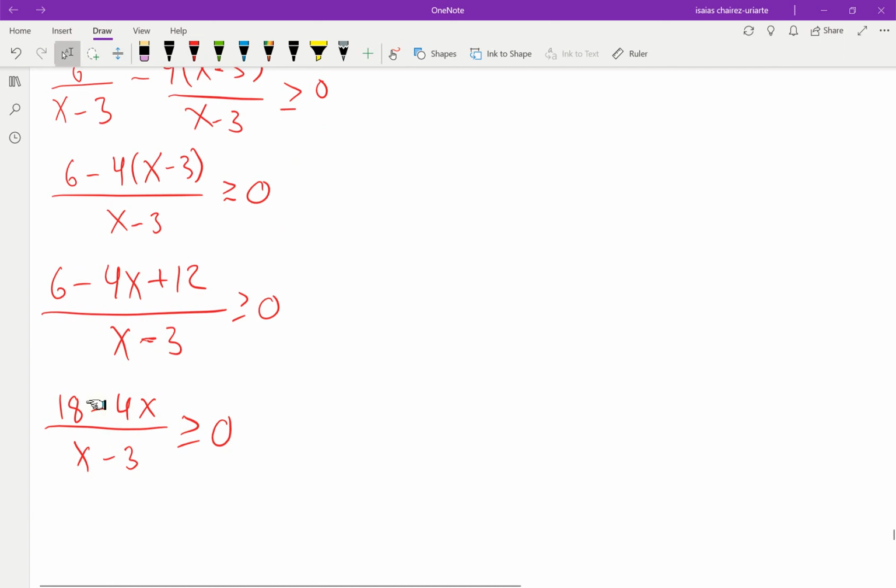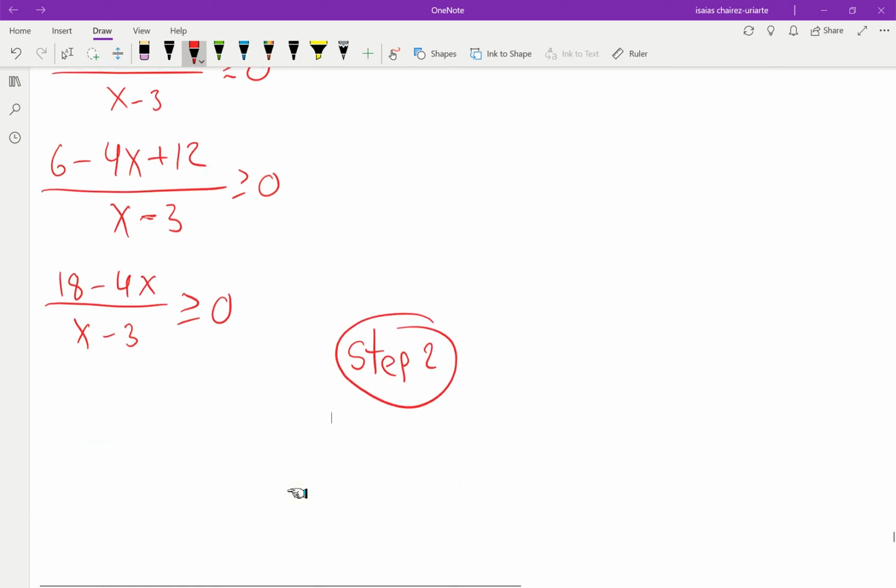Okay, now let me get on to step 2. In step 2, what I'm going to do is set the numerator of this fraction equal to 0, the denominator equal to 0, and find solutions to those equations. So I have 18 minus 4x equals 0, and x minus 3 equals 0.